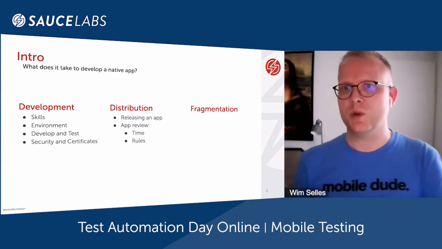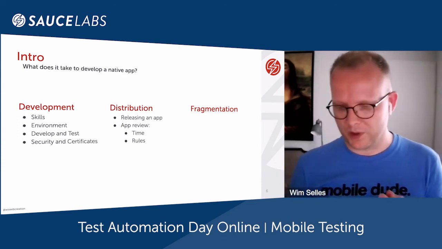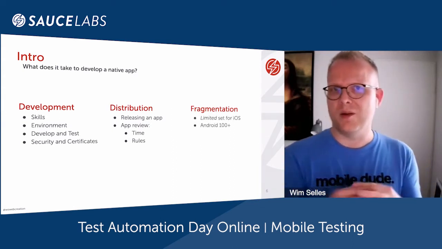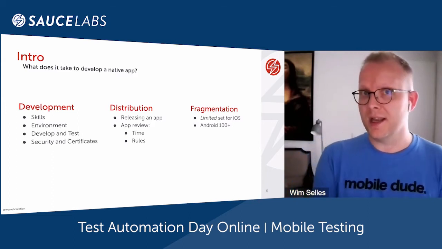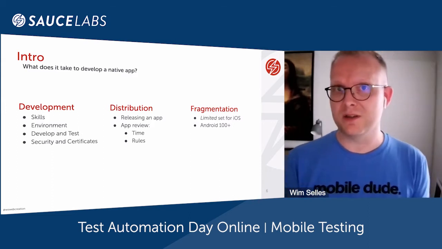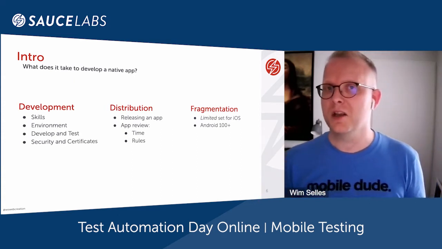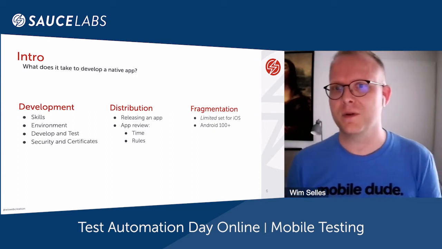But I first want to talk also about the fragmentation, because what's also a pain point when we're talking about developing native applications is, we have a lot of specific devices. iOS, in this case, is maybe our biggest friend because they have a limited set of devices, screen sizes. So it's pretty easy to test your application on different devices.